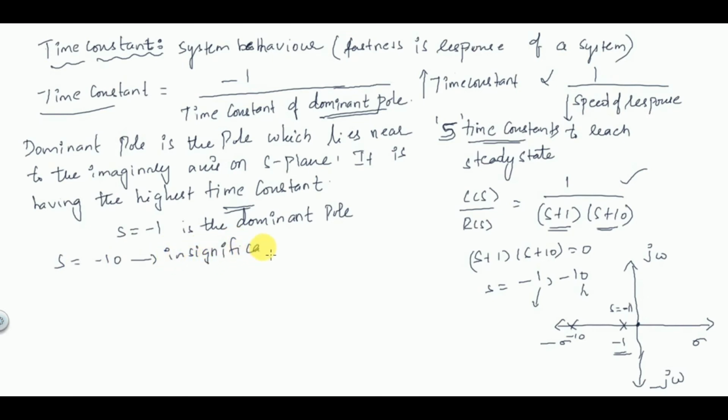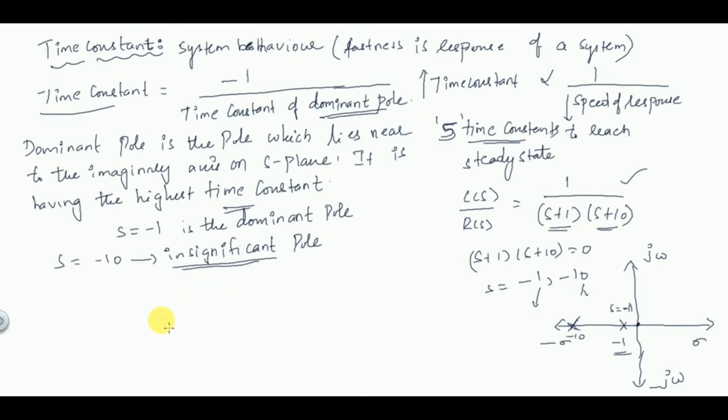That means the system characteristics do not depend on this pole, so that is why it is called insignificant. Why are we calling it an insignificant pole? Because the system characteristics do not depend on it.